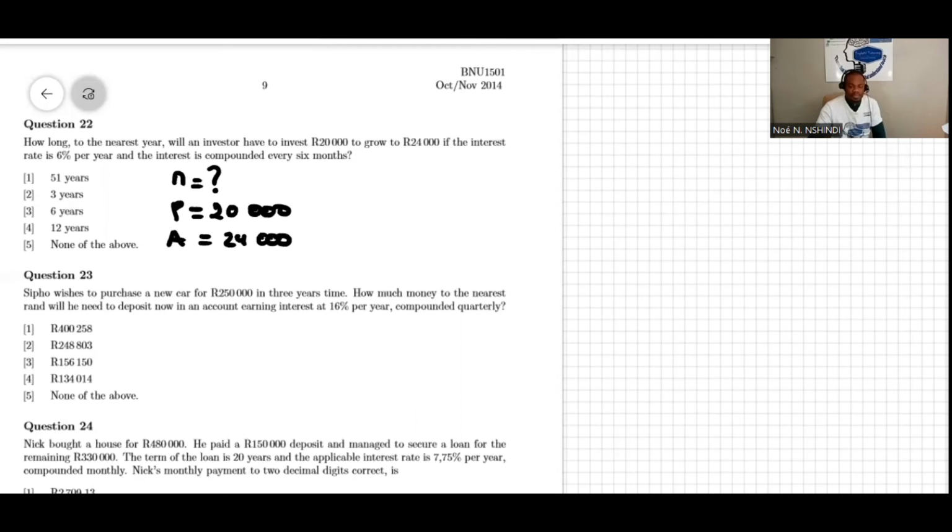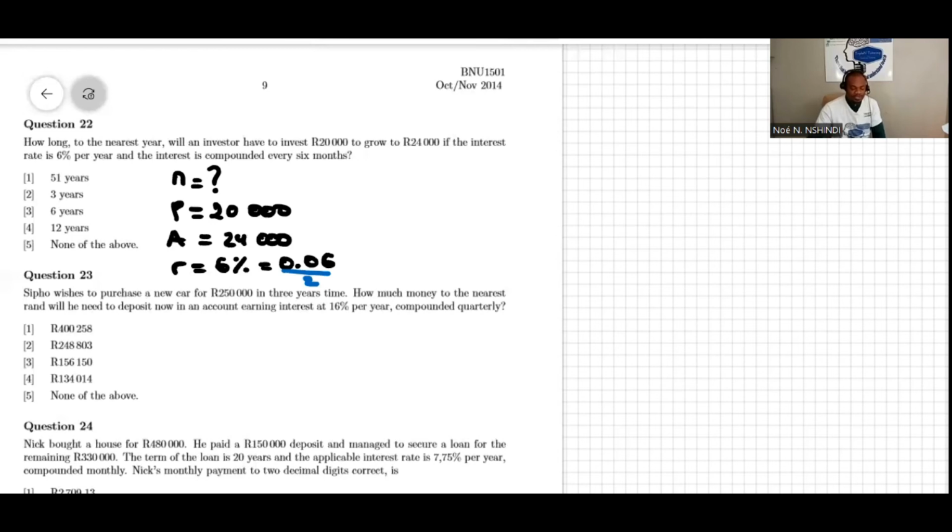The interest rate is 6%, which is equivalent to 0.06, compounded every 6 months. Because 6 months is half a year, we're going to divide by 2 over here.